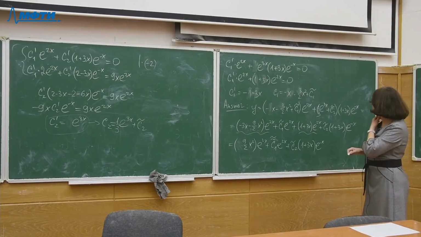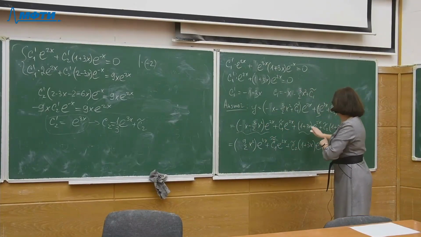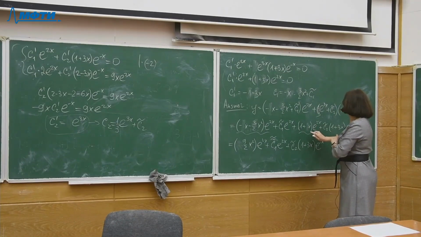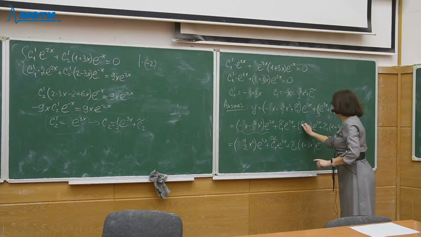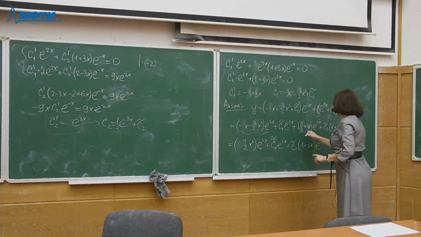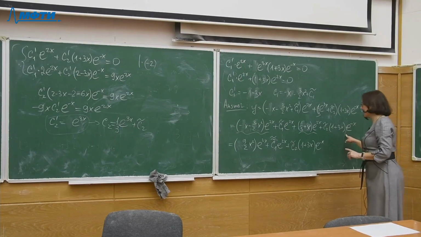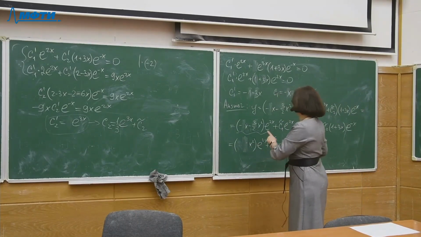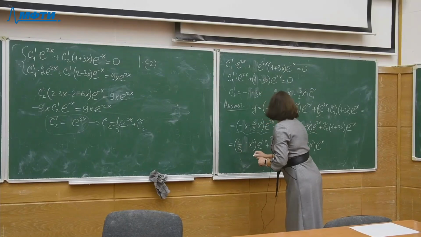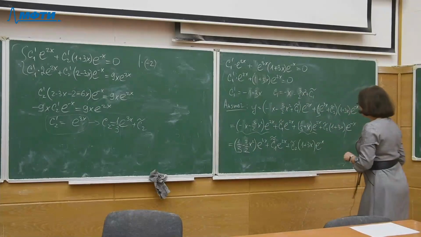Next, so if we multiply this, we will get times 2x 1/3 plus x plus C2. It is correct. And after this, we will have the following. It will be 1/3 minus 3/2 x squared.